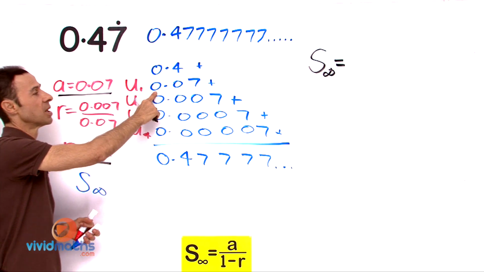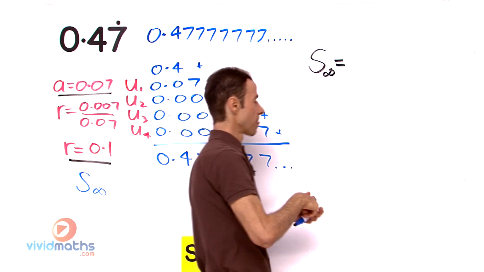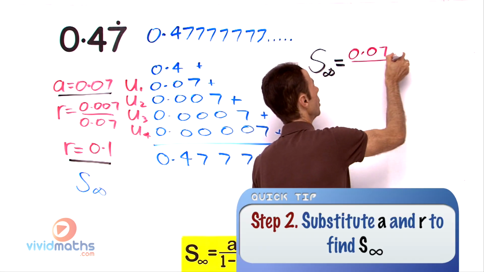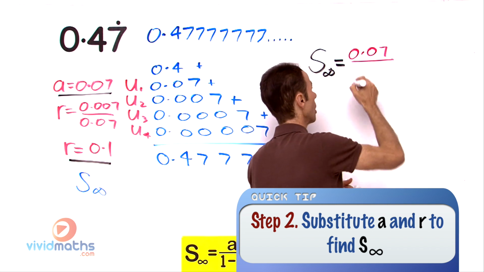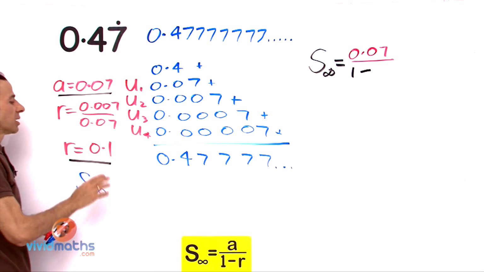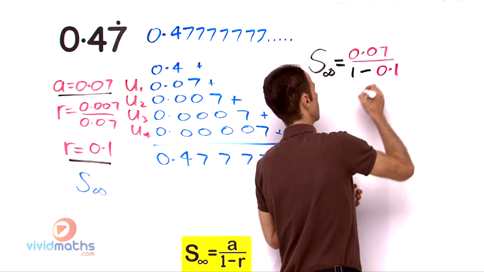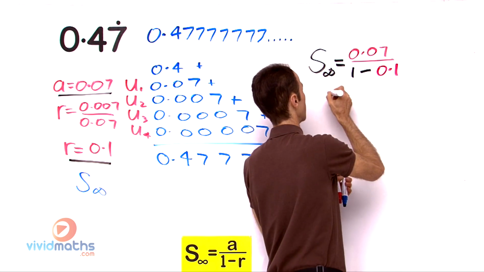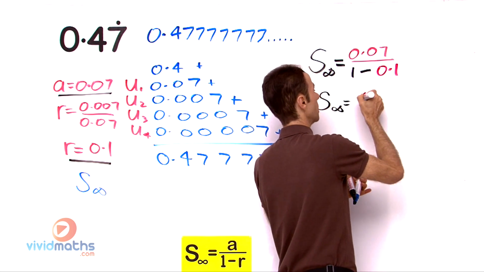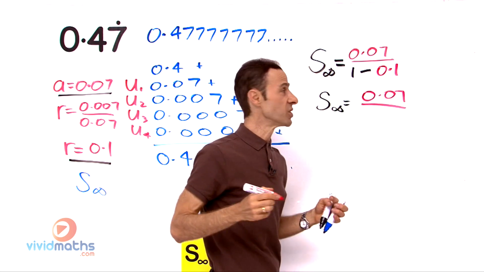So that's our a, 0.07, all over 1 minus the common ratio. Again, the common ratio is 0.1. And that equals 0.07 all over 1 minus 0.1, which is 0.9.